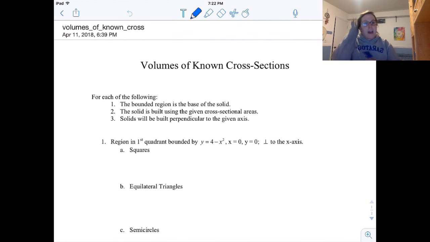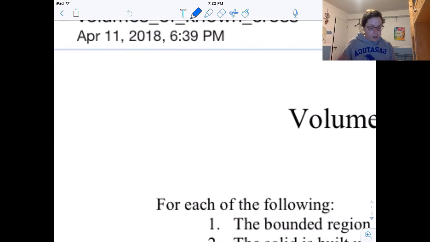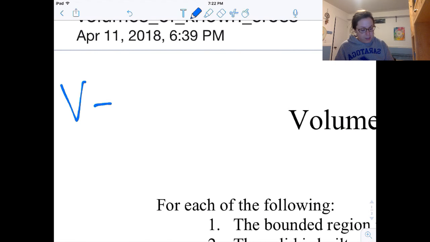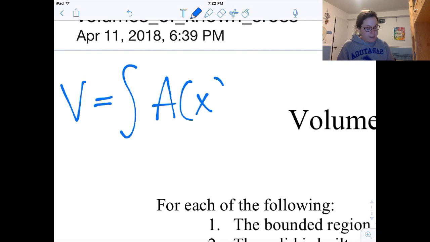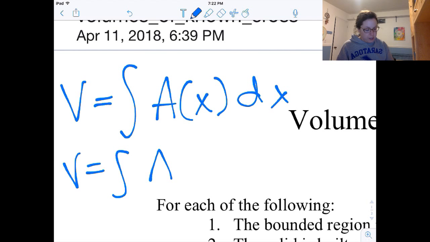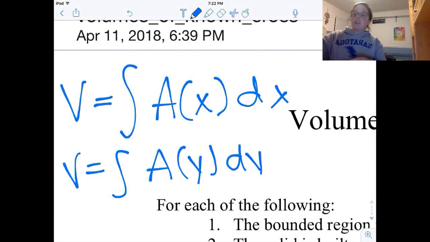This is the big idea with any volume. Disc, washer, I don't care. Volume is the accumulation of area with respect to x, or with respect to y. If I accumulate all of my areas together, I will get the volume. Okay, that's the big idea.